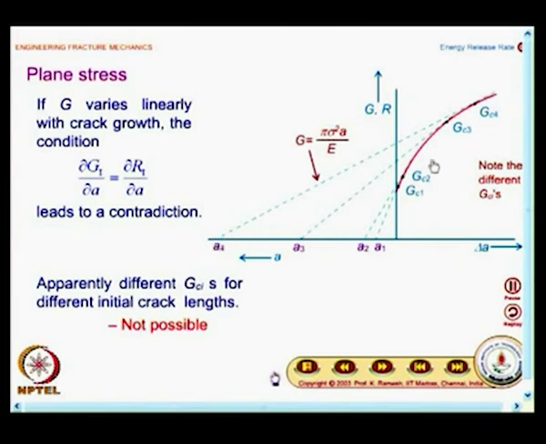For A4, you have this as Gc4. So, what you eventually get is different critical energy release rates for different initial crack lengths. This cannot be possible, because the resistance inherent in the material has to behave in a similar fashion for any length of crack.